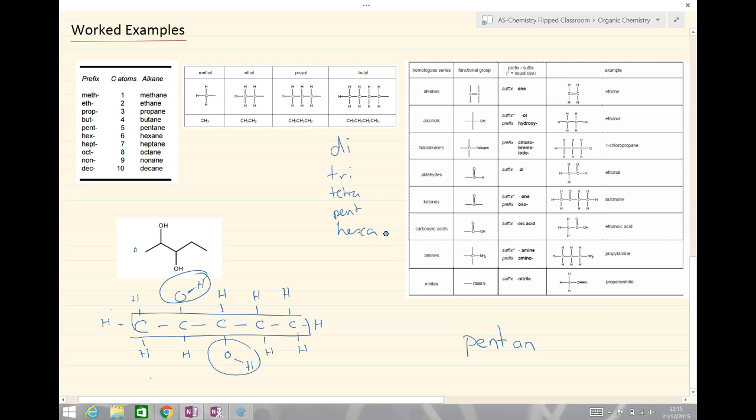So this is pentan, and we're going to have diol, because we've got 2 of them. The functional groups are alcohols, so it's the suffix ol, and we've got to give those position numbers. Well, it could either be 1, 2, it could be 3, 4, or 2, 3, so this time pentane-2,3-diol.